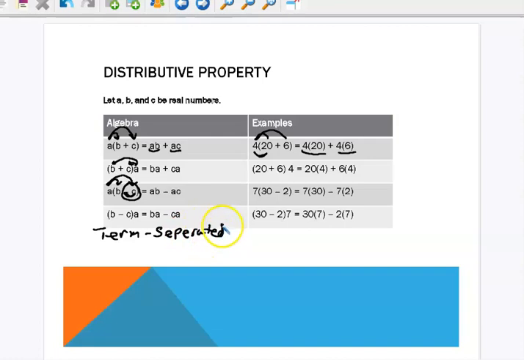Separated, sorry about my handwriting, by a plus sign or negative sign on one side of the equal sign, okay? And we'll talk more about that as we go. Okay, let's practice some of the distributive property problems.